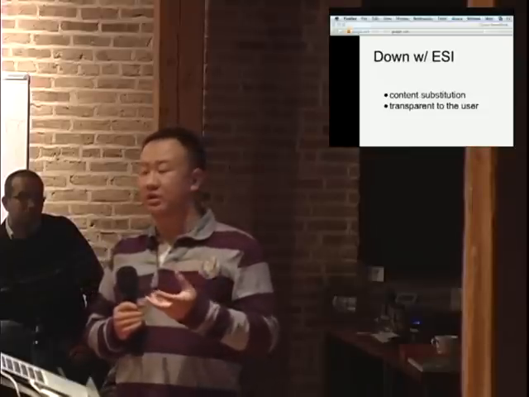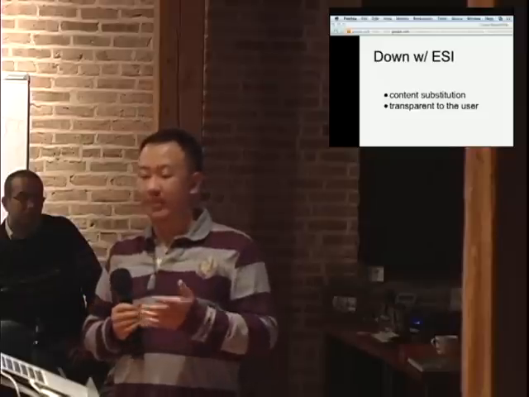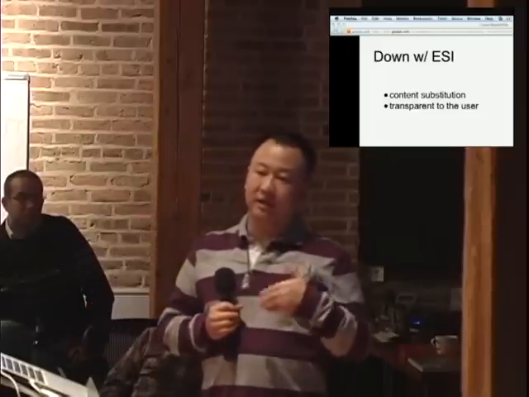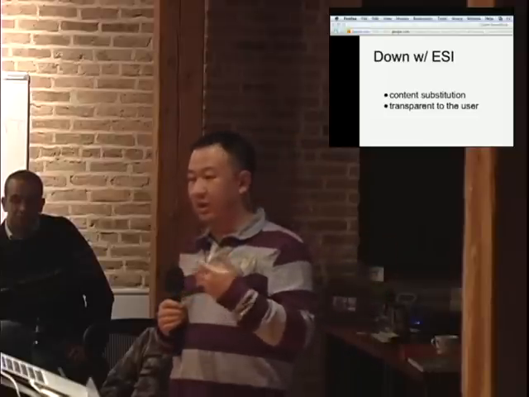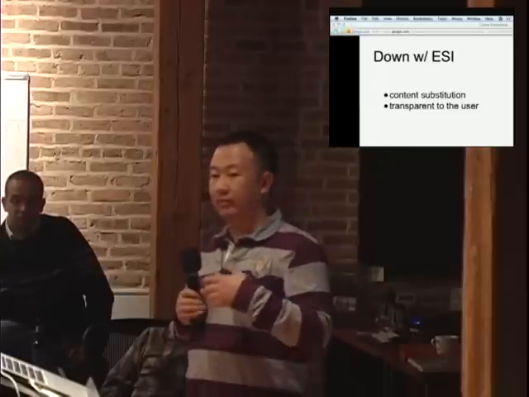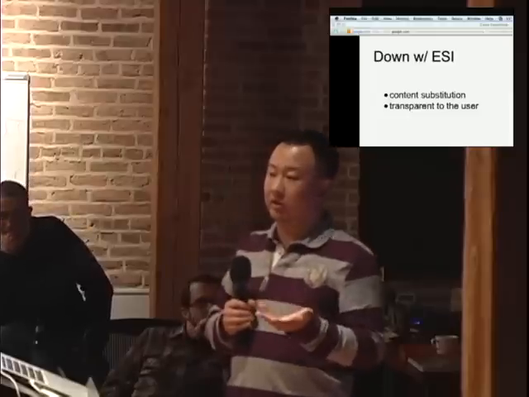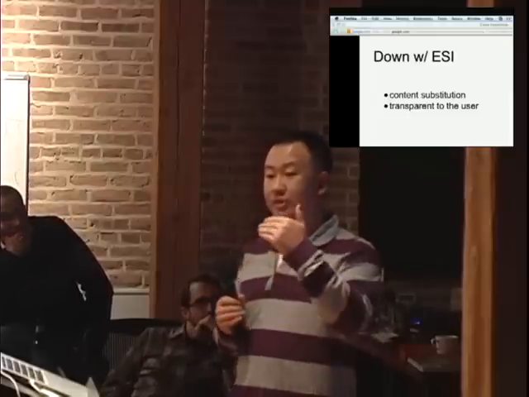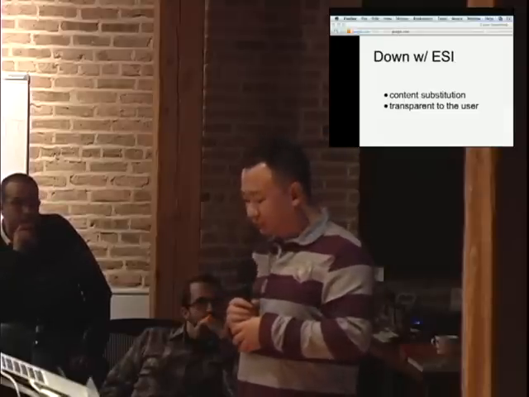If you have a response from, let's say, Django or any kind of web server, and the response gets back to Varnish and is ready to be passed back to the user, Varnish scans the content of the response and looks for patterns. Are there any includes that point to other URLs? And if there are, no matter how many, it could be 2 or 3 or however many fragments you have in your page.